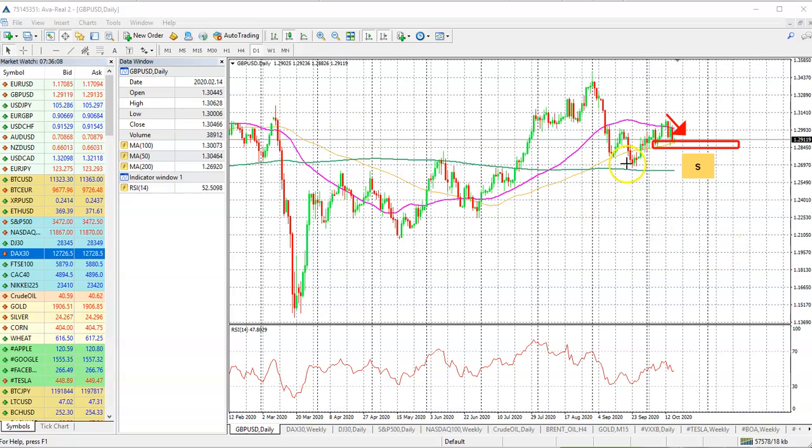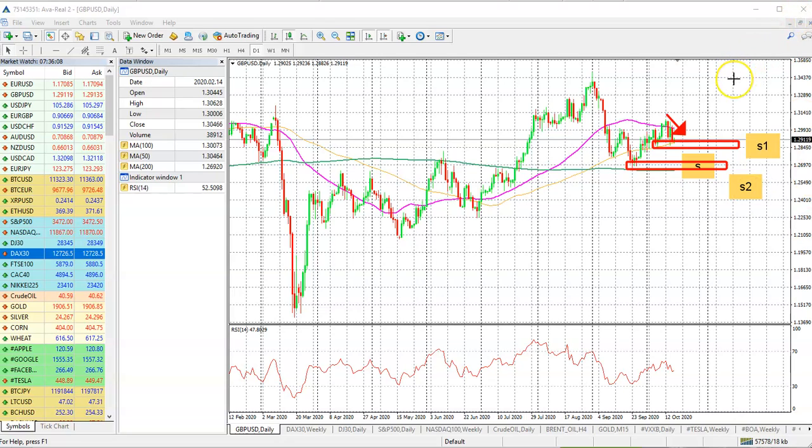Another support 2 area is going to be around this one, just above the 200-day price level. So these are the 2 support areas that we are really looking at. This is your support 1, and then this is your support 2, just like how I've mentioned them on the chart.